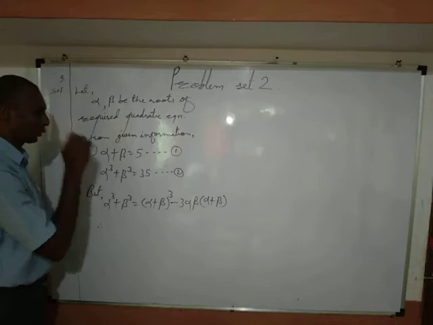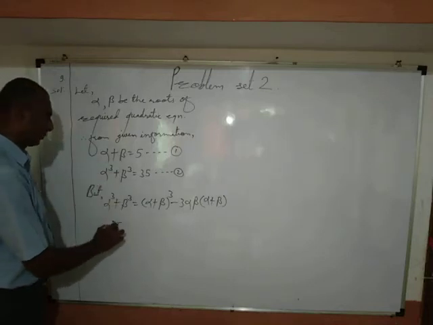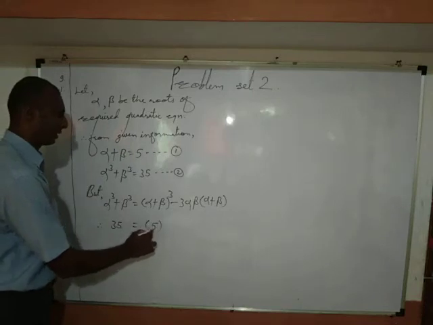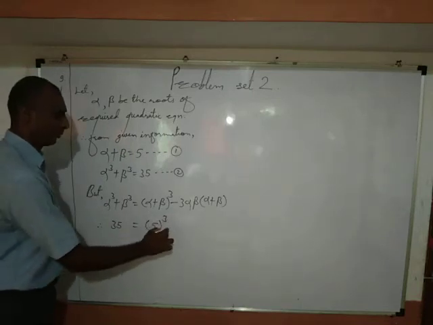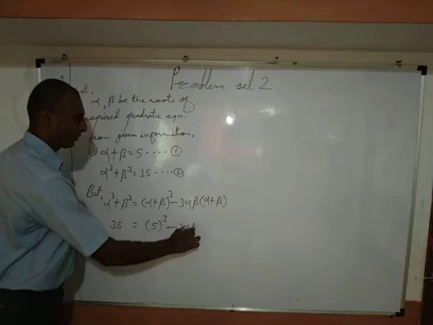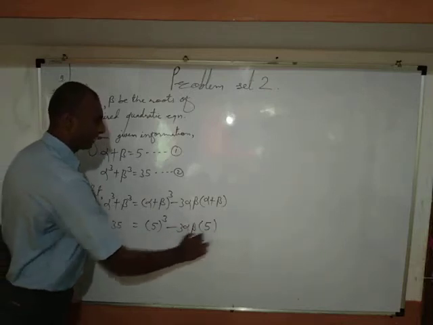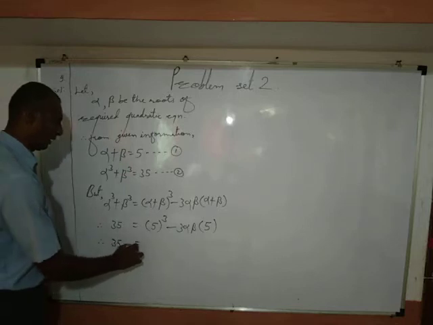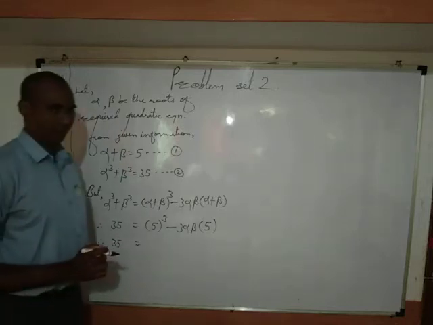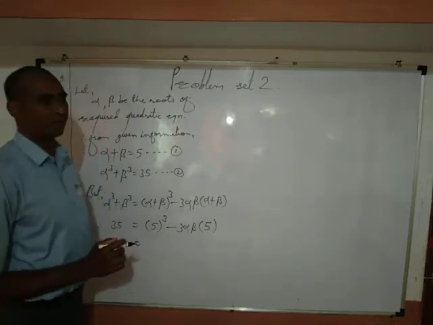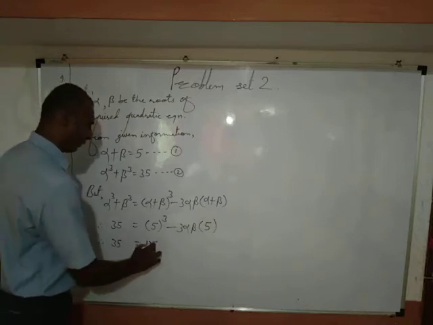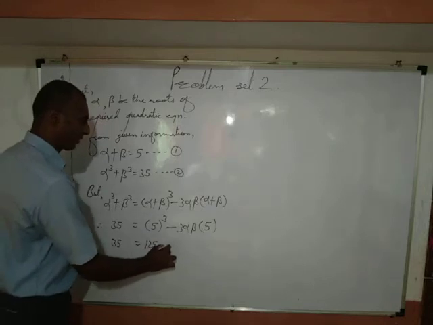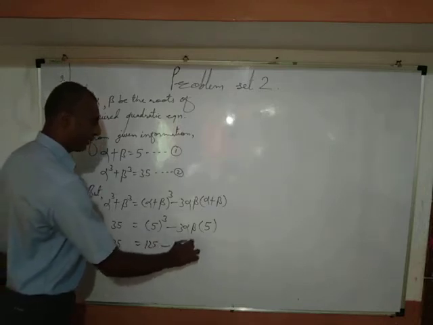Alpha cube plus beta cube is 35 equals alpha plus beta is 5, that's why 5 cube minus thrice of alpha beta into 5. Therefore 35 equals cube of 5. 5 5s are 25 and 25 5s are 125, minus 3 alpha beta into 5 gives us minus 15 alpha beta.